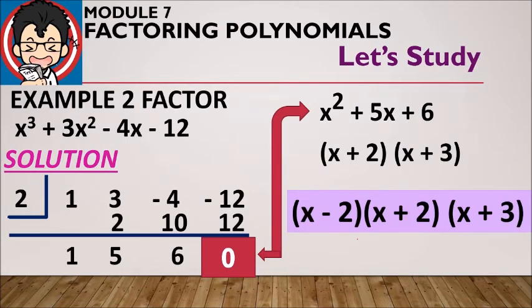Ayan, it means na nakumpleto na natin yung factors ng x cubed plus 3x squared minus 4x minus 12. Alright? Nung una kasi, ang nakuha natin na factor is x minus 2 by synthetic division. And then, yung dalawang factors, nakuha naman natin nung nag-apply tayo ng factoring quadratic trinomial.